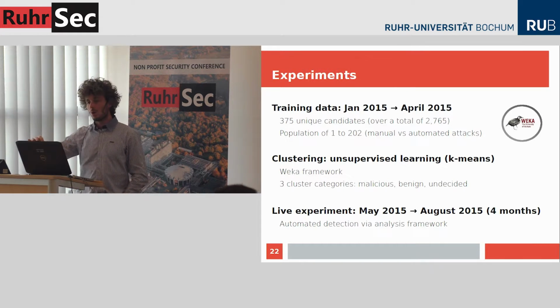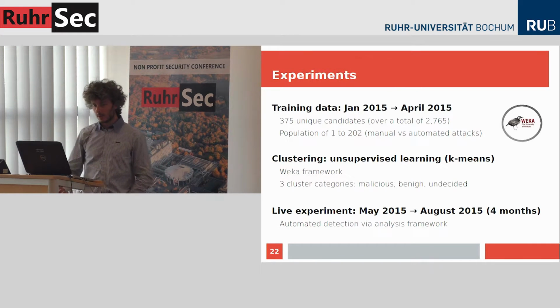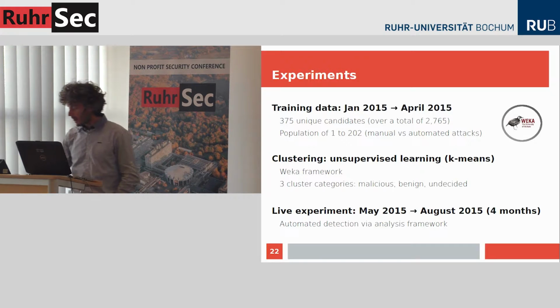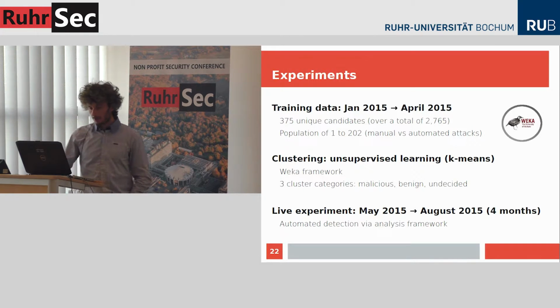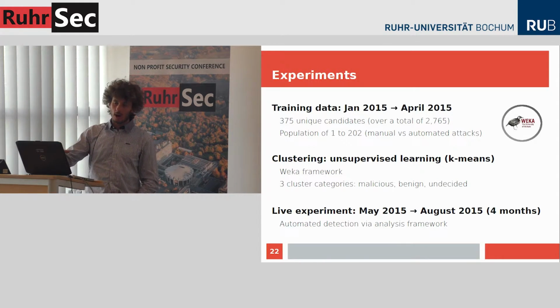We use a framework called Weka, which is a framework for machine learning, and we use Weka on training data of 4 months for a total of more than 300 unique candidates. And we do clustering based on our training data. So what does it mean?